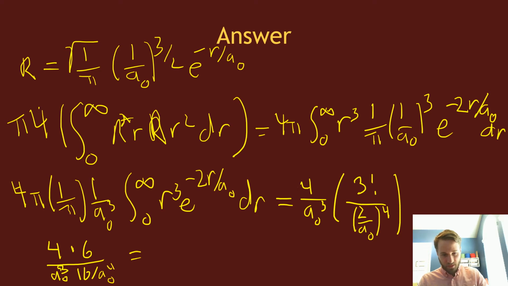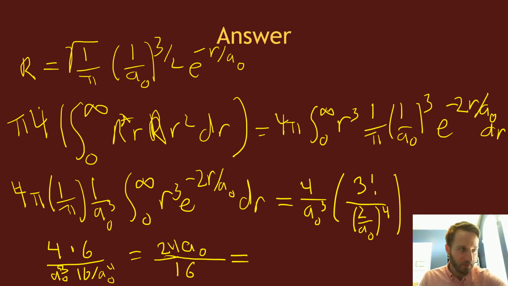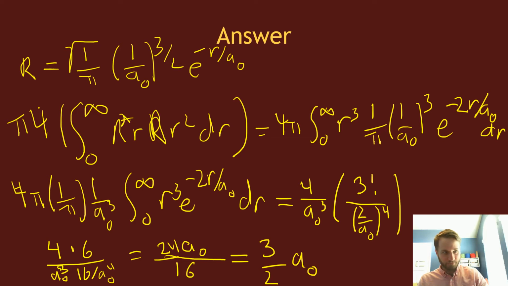So we get 24. You have a naught to the fourth and a naught cubed, which cancel with each other to get a factor of a naught on top, and then 16 on the bottom. That simplifies down to just 3 over 2 a naught.